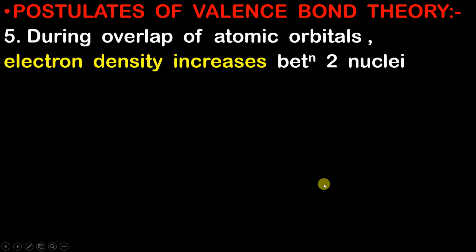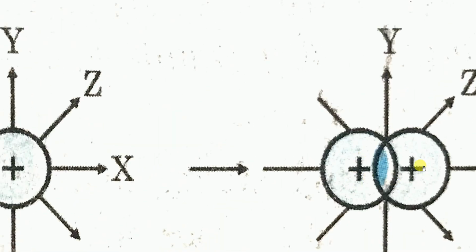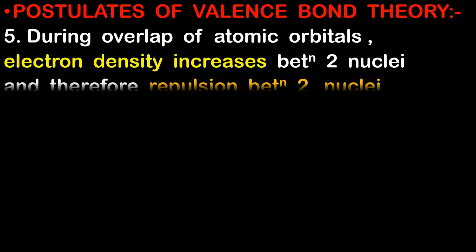So what we have studied up till now is that the positively charged nuclei are going to repel each other, but since there is an overlap taking place, there is an electron density between both the nuclei, and due to this there is a liberation of energy, and the liberation of energy leads to an increase in the attractive forces between two atoms. So this was your fifth postulate.